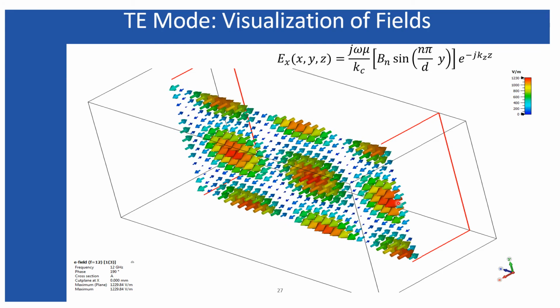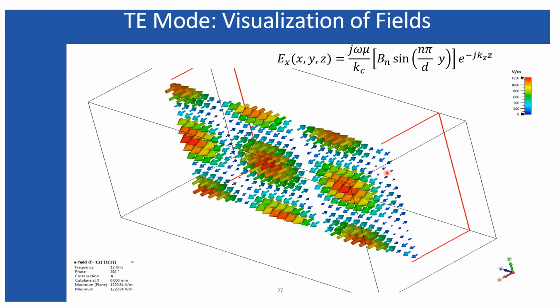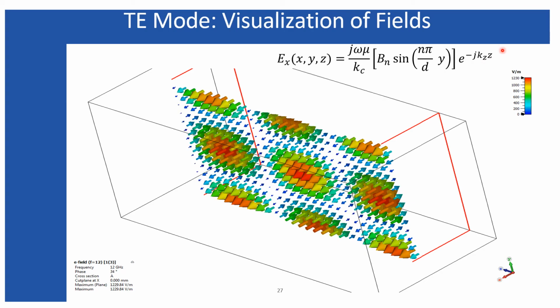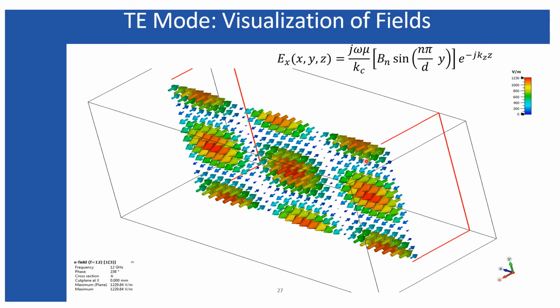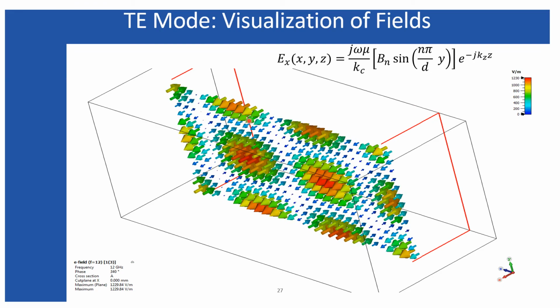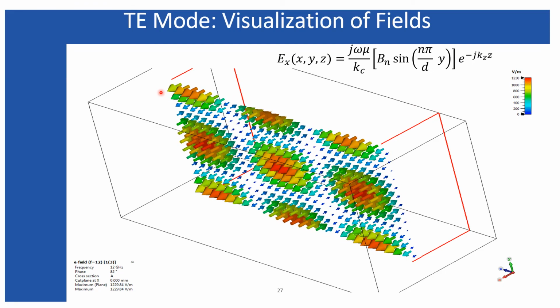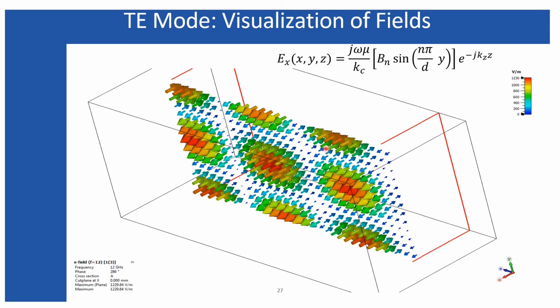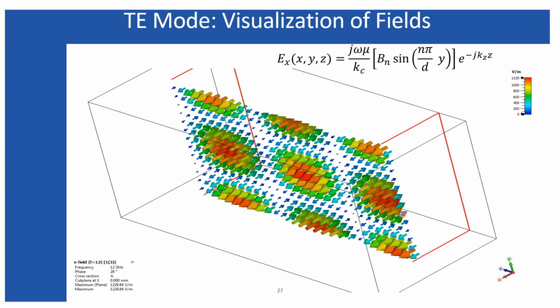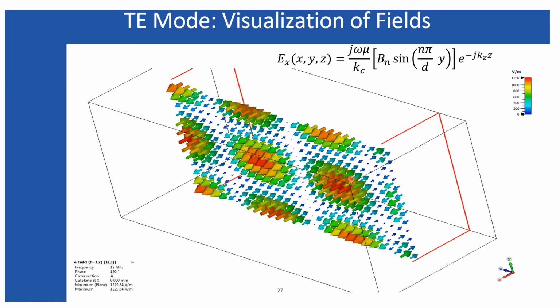But the propagation term that exists due to this e to the power factor makes it propagate along the z direction. So while they are varying along z, they are propagating along z. They are varying along y, they are propagating along z.